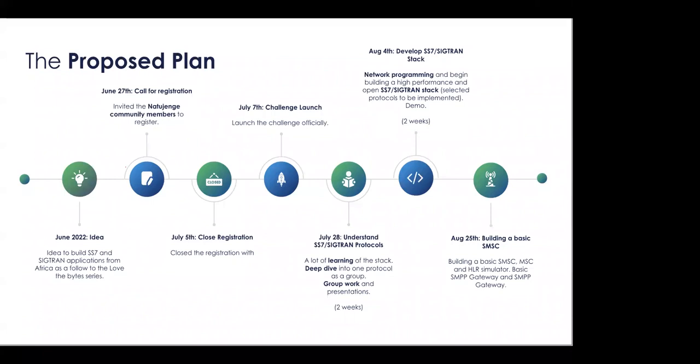So the SMSC is basically the short message service center. And it's the box that handles all your SMSs, whether you are on the network or off the network. The SMSC is the one that stores the messages and is able to forward to you if you're on the network or when you come to the network. The MSC is the switch.